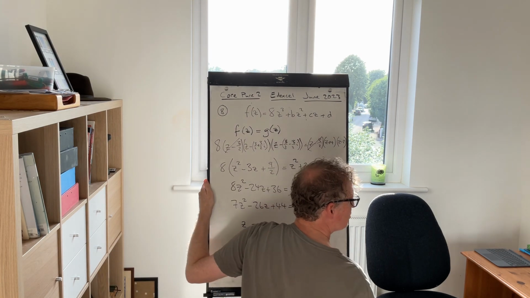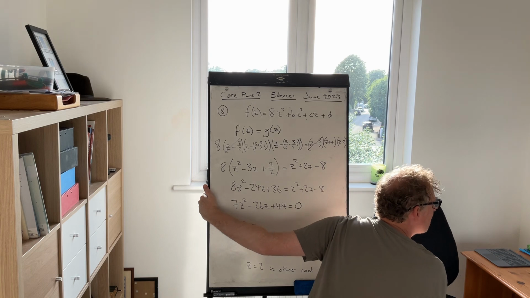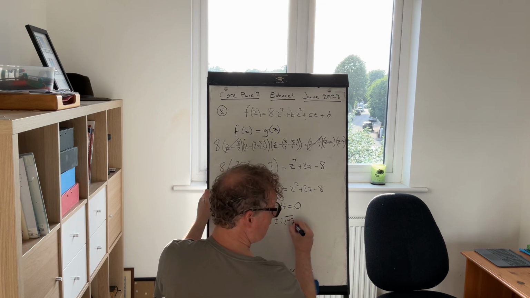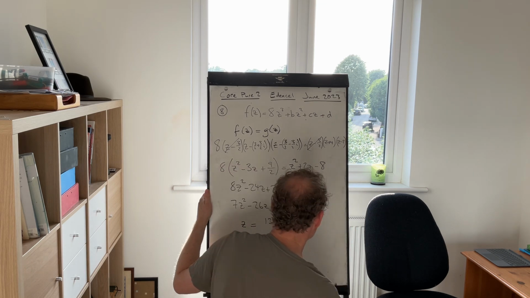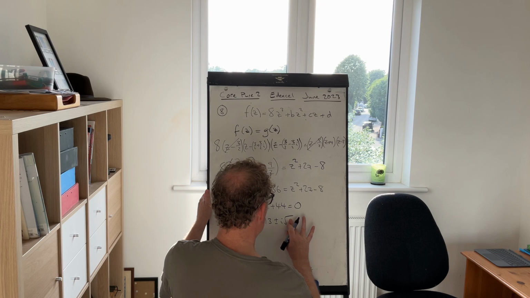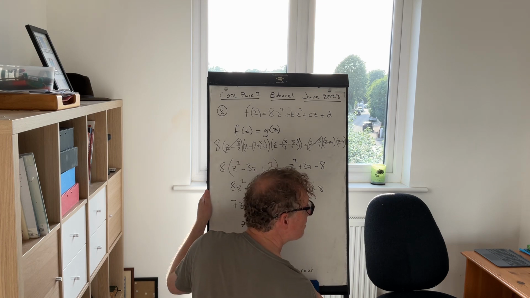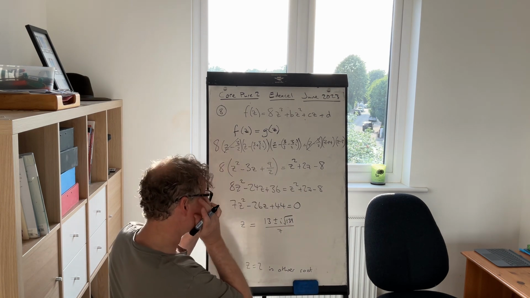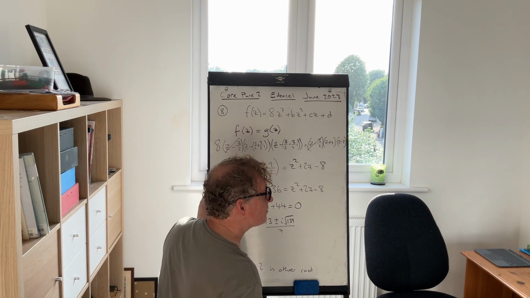And again, I'm just going to cheat here and just write down what I got earlier. So, it's 13 plus or minus i root 139 over 7, I do believe. Yeah. So that is our solution.